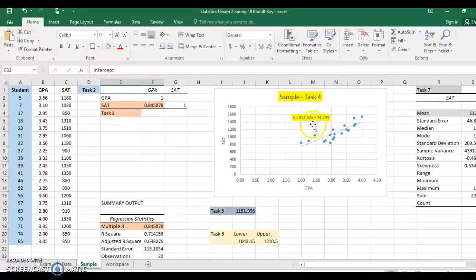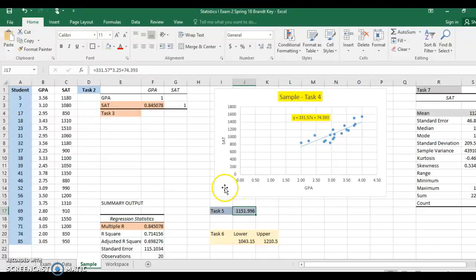For task 5, we were to use this equation to then make a prediction for somebody who had a GPA of 3.25. So I substituted 3.25 into this formula, and you can use Excel as a calculator as well.